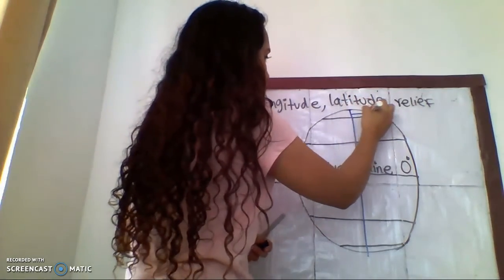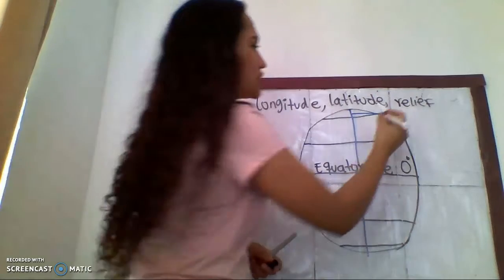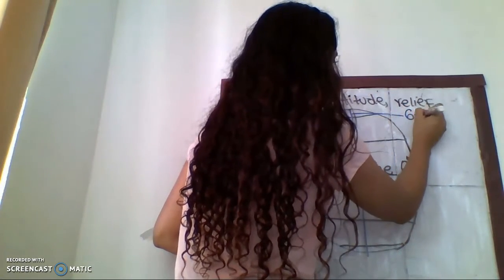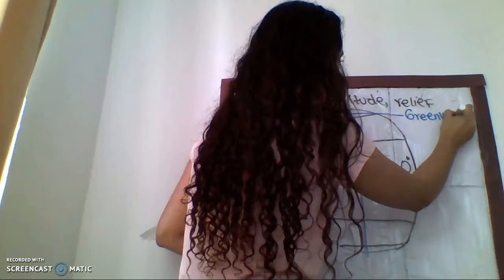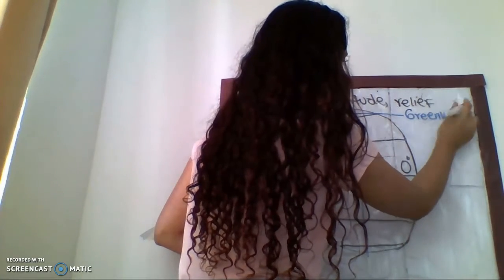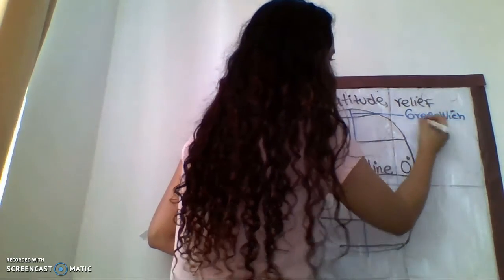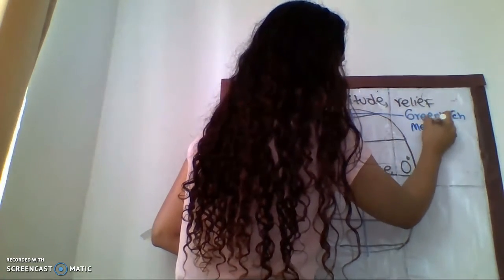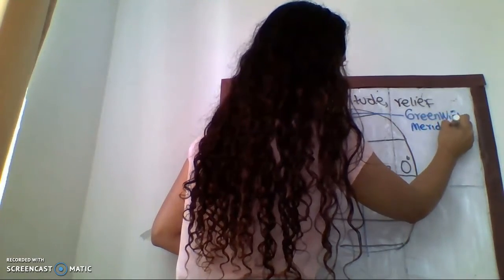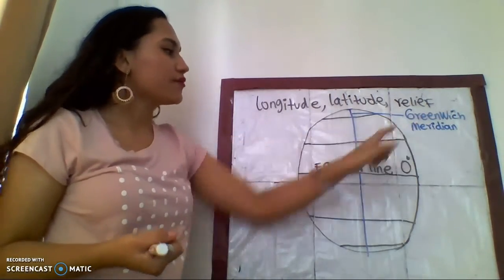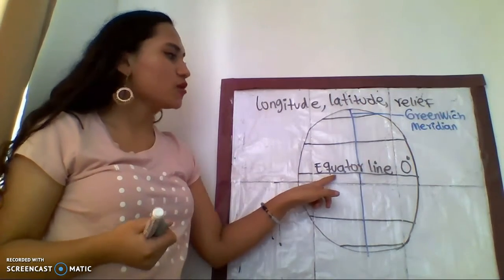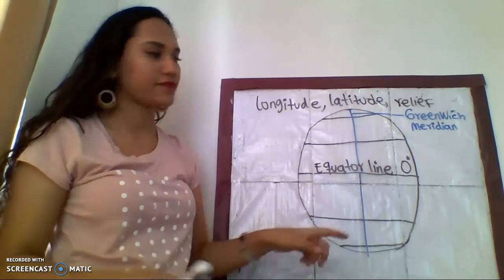This is the Greenwich meridian. Greenwich meridian, and this is the equator line.